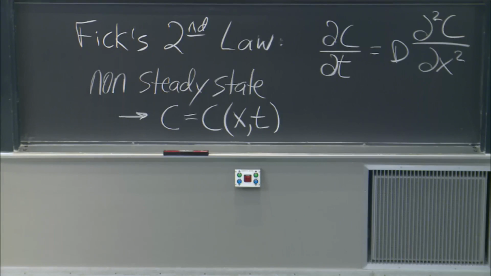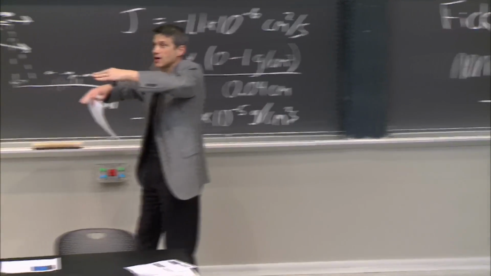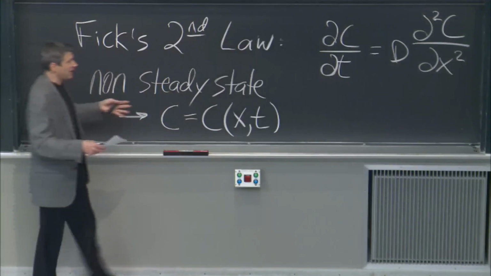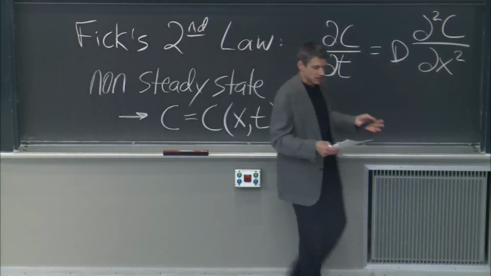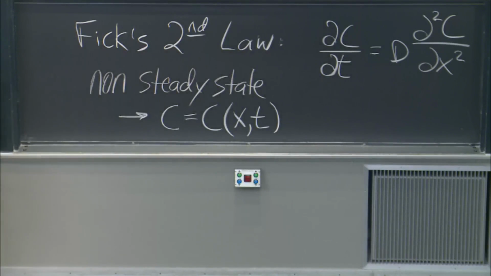So now I can answer the question. Remember, before I had to keep the concentrations fixed to apply Fick's first law. Now I can answer the question, well, okay, if I have certain parameters, what is the concentration going to be at some time and some place?